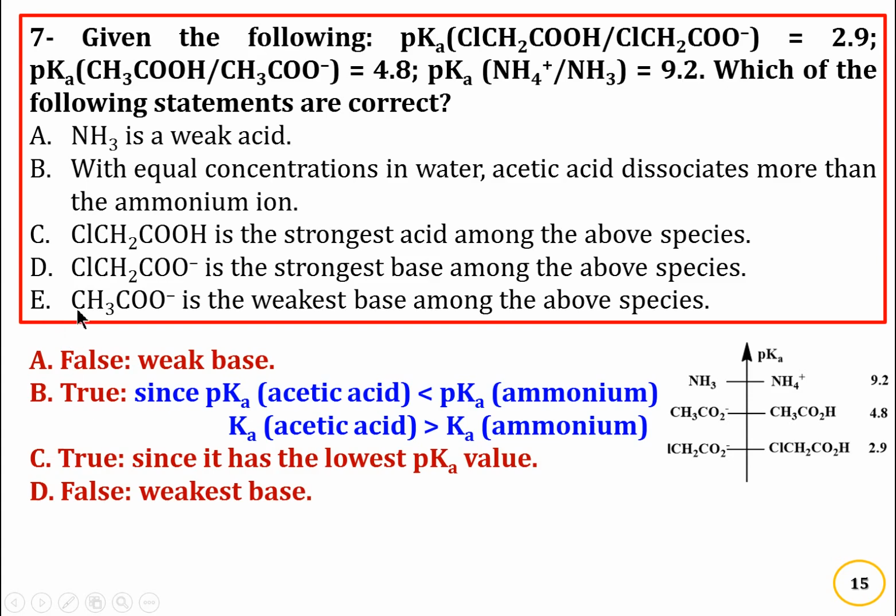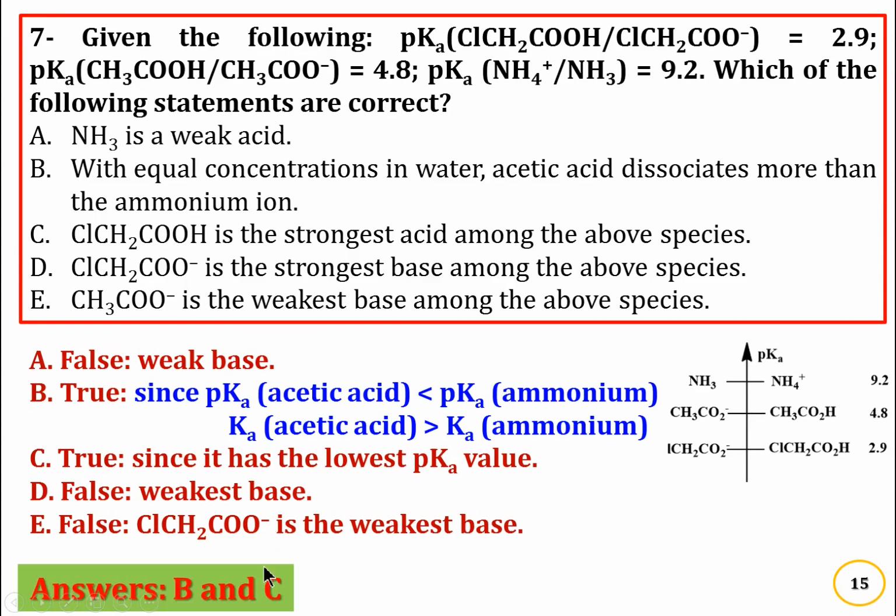In part E, CH3COO- is the weakest base among the above species, and this is also false because the weakest base is ClCH2COO-. So the correct answers are B and C.